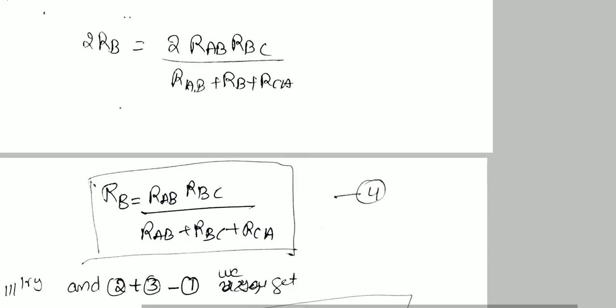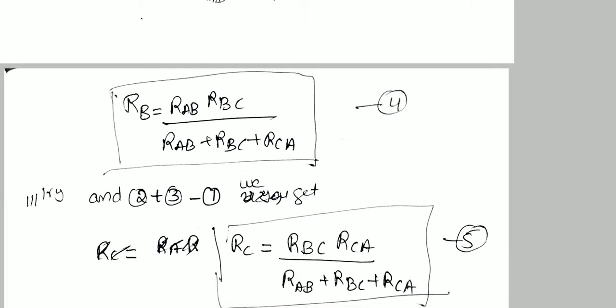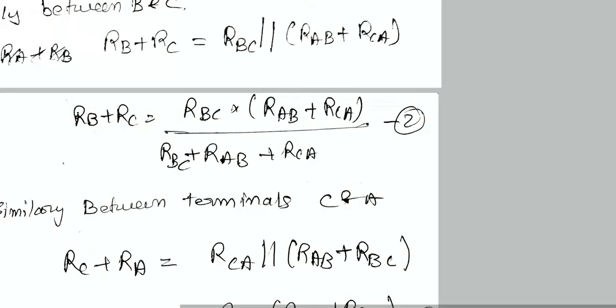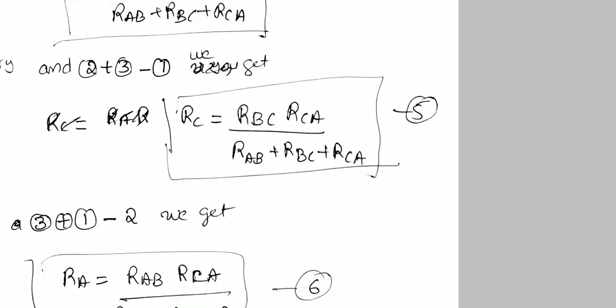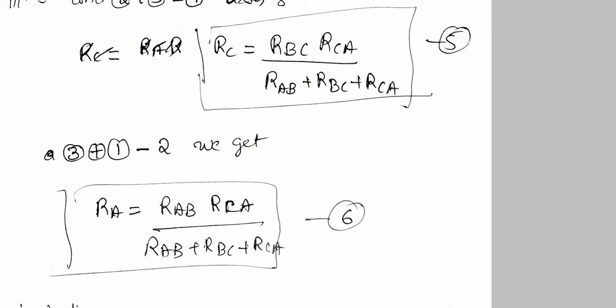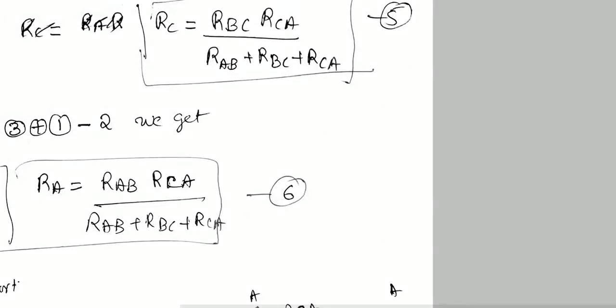If we remove 2, we can write RB is equal to RAB into RBC divided by the sum of the resistances. Similarly, if we take equations 2 and 3 and subtract equation 1 from it, we will get RC as RBC into RCA divided by the sum of the resistances. If I add 3 and 1 and subtract 2, we will get the third equation.